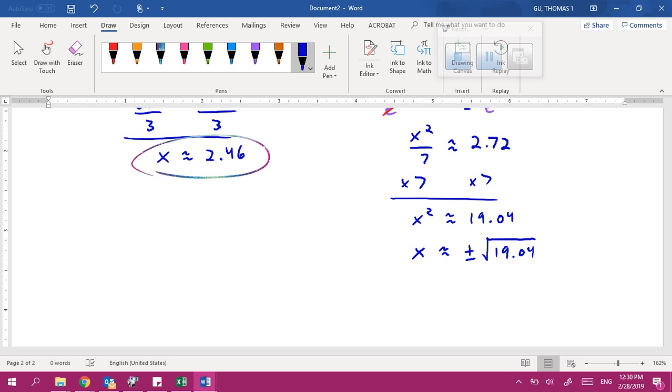Positive, right? So your only answer can be x is approximately the positive square root of 19.04, which is what? Okay, 4.36. So this would be your answer. Very good. Nice. And there it is.